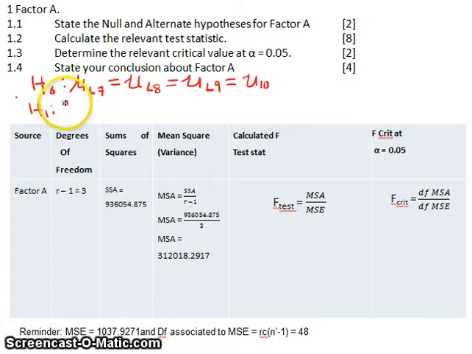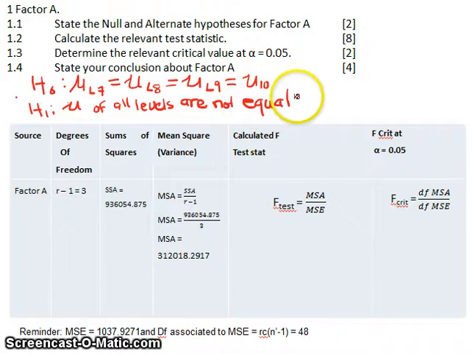But I personally prefer to say that the mu's of all levels are not equal. And the reason why I prefer that is we might have a situation where two of them are the same, and those two are not the same as the other two.